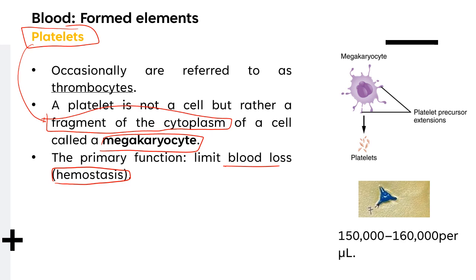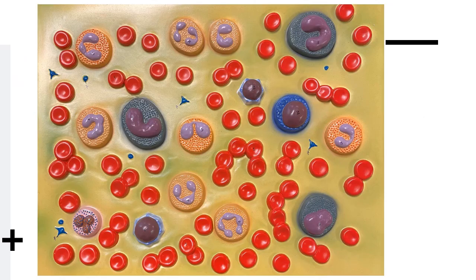For your labs though, you need to know that the platelets are the smallest elements when you look at them under the microscope. In the next PowerPoint slide, I'm going to show you the model that we have in our lab, and we're going to go through all the main characteristics you should look for in order to identify the cells.